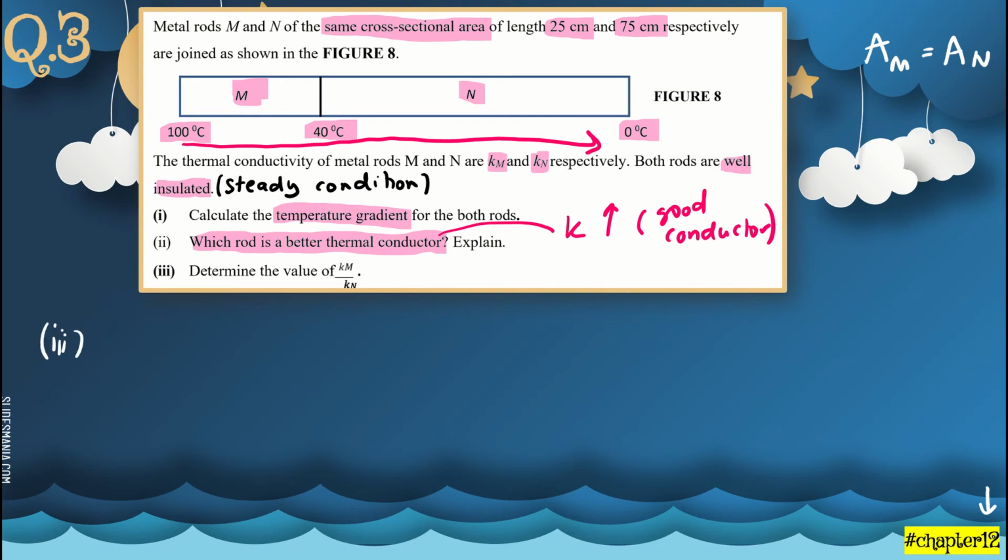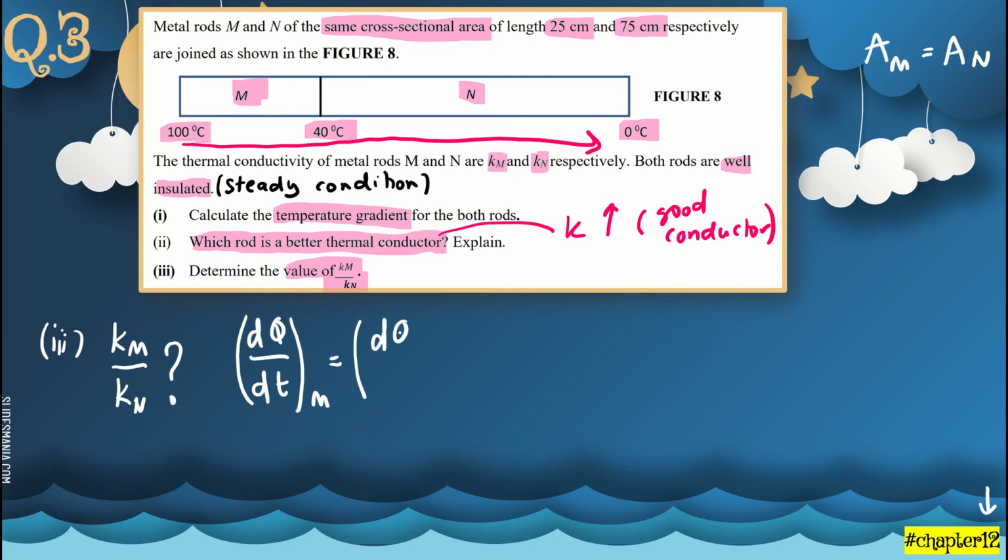For the third question, we want to determine the ratio or the value of Km over Kn. So it's basically the ratio of Km to Kn. As I mentioned just now, the rate of heat transfer for M is equal to the rate of heat transfer of rod N, so both are the same.